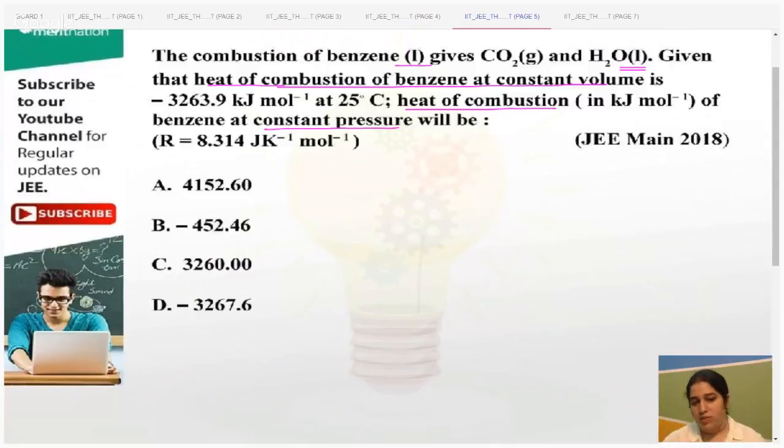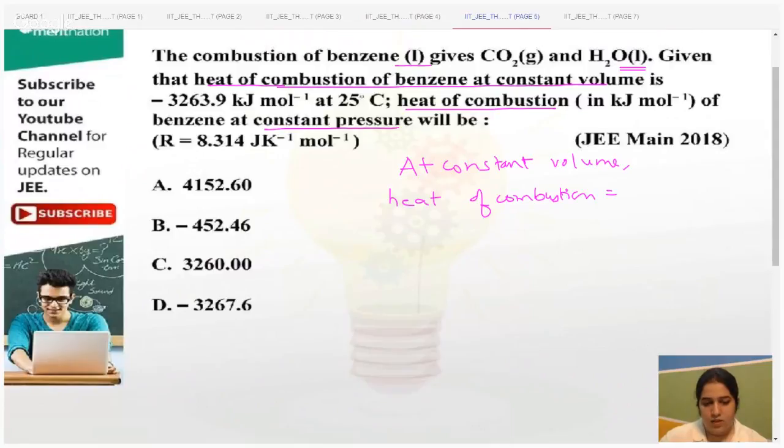How do we do this? First of all, we should understand what we need to find out and what is given to us. Heat of combustion at constant volume represents the value of delta U. So that means delta U is provided to us as minus 3263.9 kilojoules per mole.